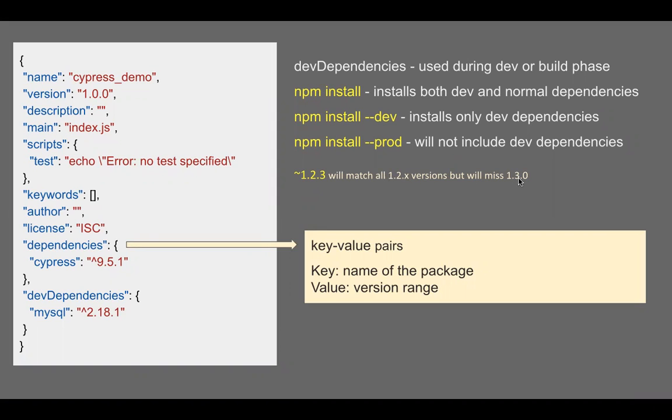For example, if the latest version at that time is 1.2.7, it will install 1.2.7. But if it is 1.3.0, it will not go up to there. But when you have the caret symbol, it will match any version, like in this case 1.x.x. So if there is a new version, let's say 1.3.0, available, it will install that, but it will hold off at the next major version, which is 2.0.0.